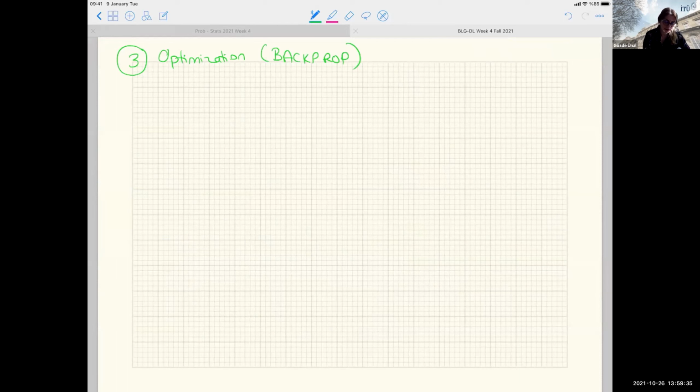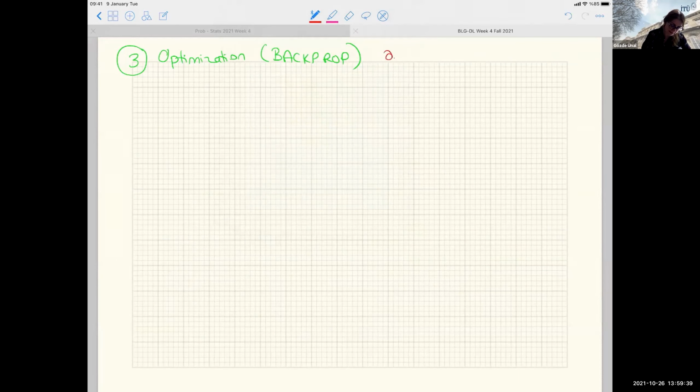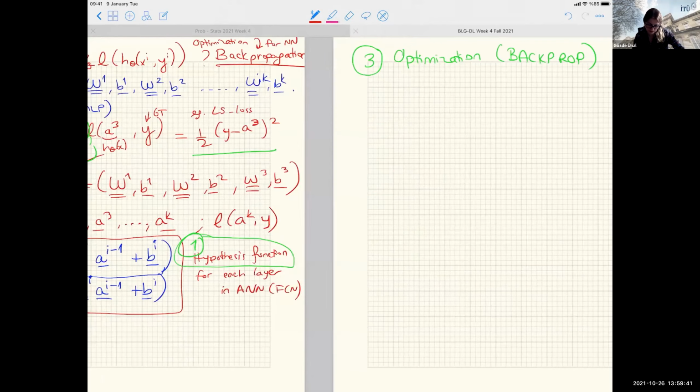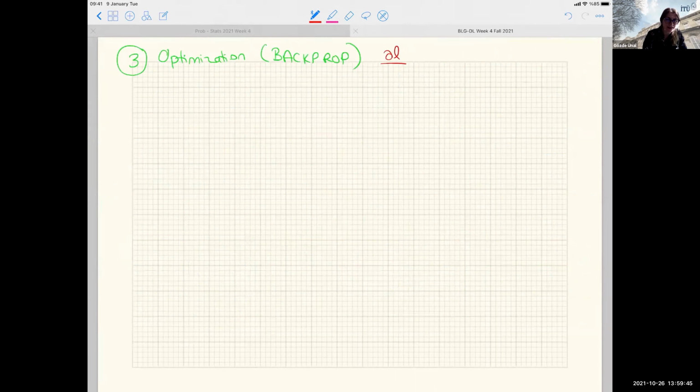Backprop requires us to find these, del L by del Wi. L was here, right? But pay attention, this is a matrix, so it creates some complications you have to deal with.